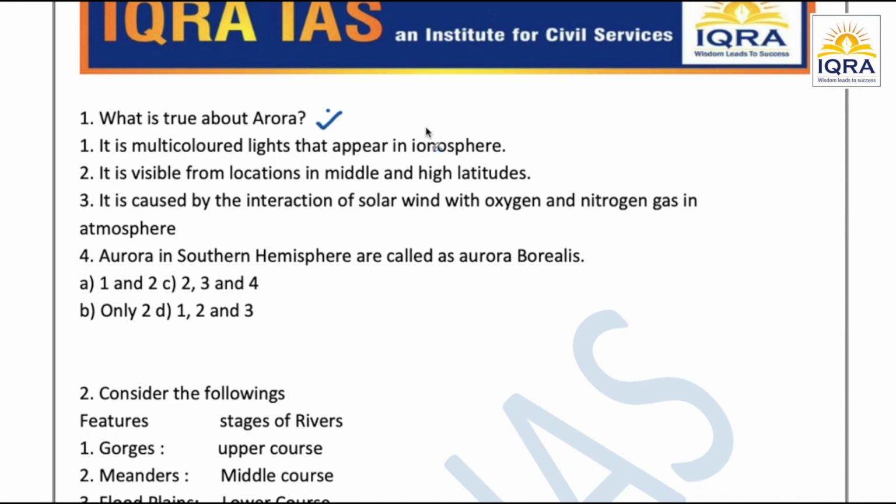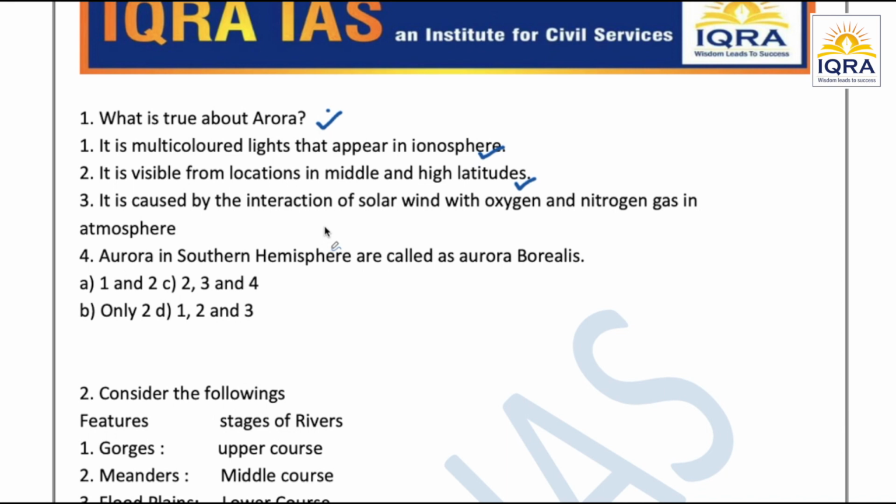Okay? So our first statement, what is it here? It is a multicolored light that appears in the ionosphere. Correct. The second statement says that it is visible from locations in the middle and the high latitude. Correct. The third statement is it is caused by interaction of solar winds. We've just discussed this. Okay.